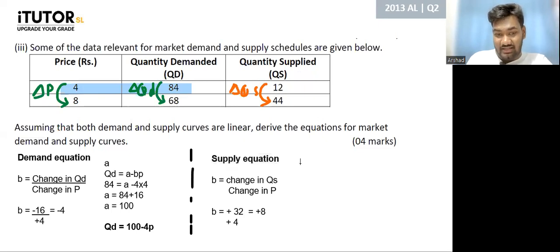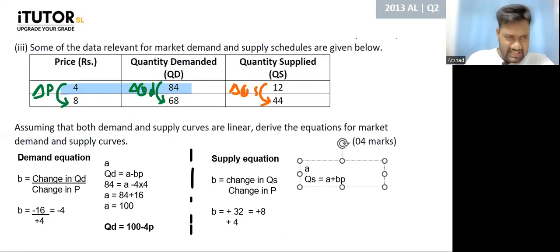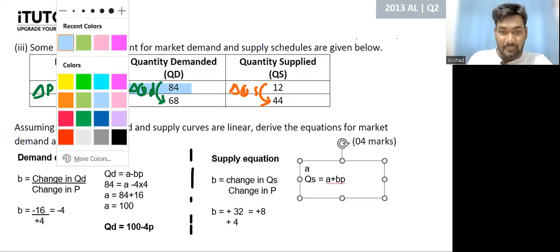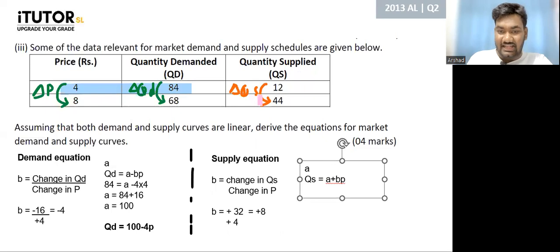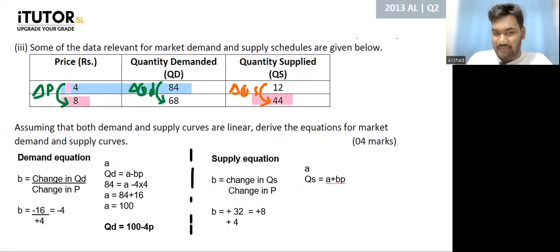So what is my A component? How do I find my A component? My A component is from QS equals A plus BP. Select any point that you like. For this, I'll go with the second point, let's say, price 8 and QS 44. I can either take price 4 and 12, or 8 and 44. So then how much do I get?